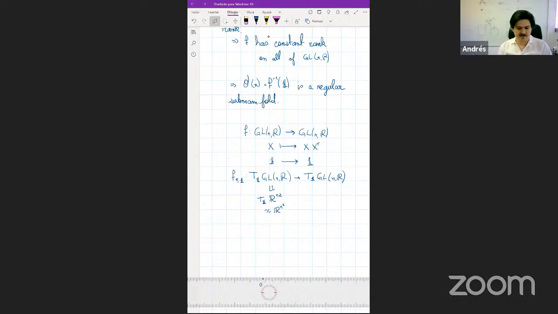So how do we compute the rank now? Remember also what we saw in the first attempt to show that On is a manifold. This matrix is symmetric.